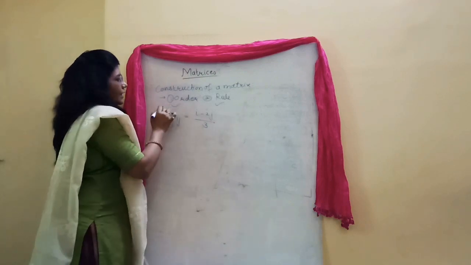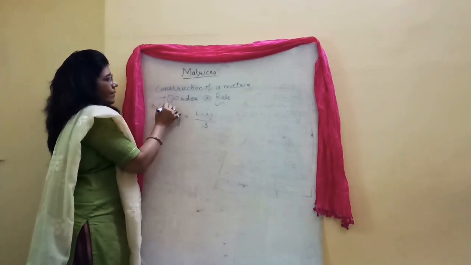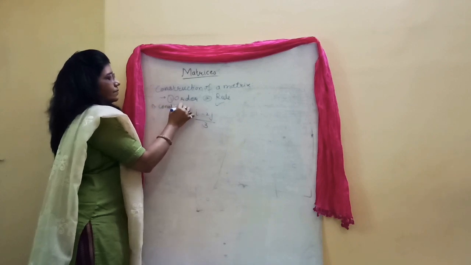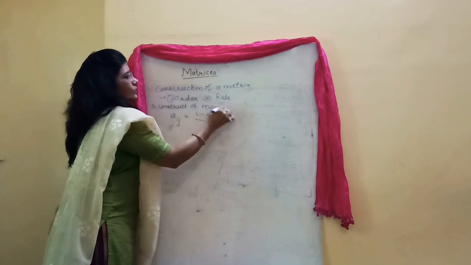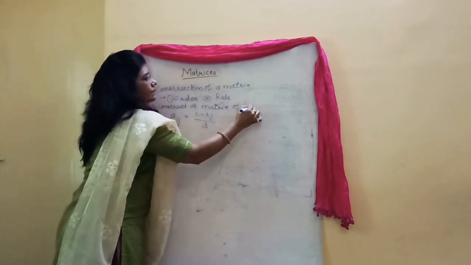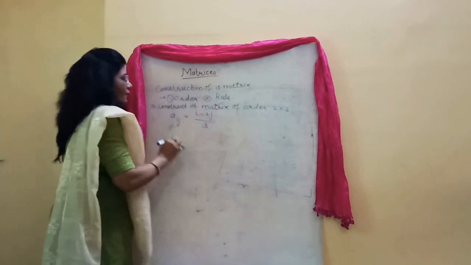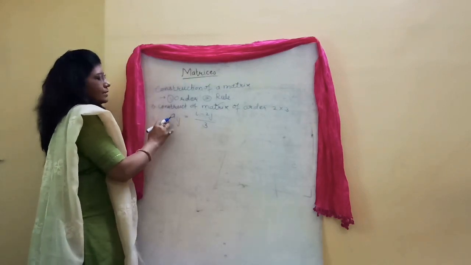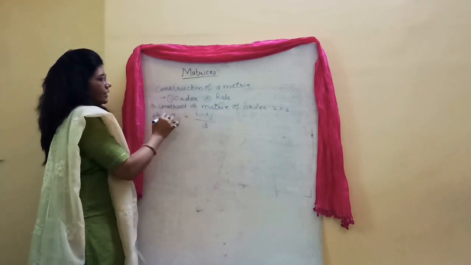For example, if you have to construct a matrix of order, suppose 2 by 3, where a_ij is equal to this.